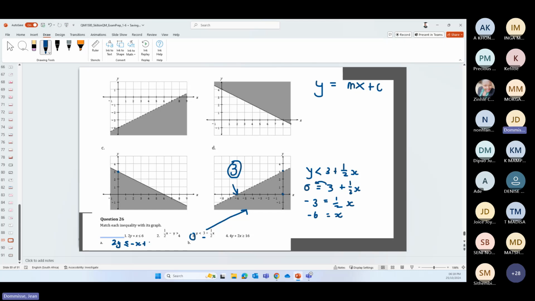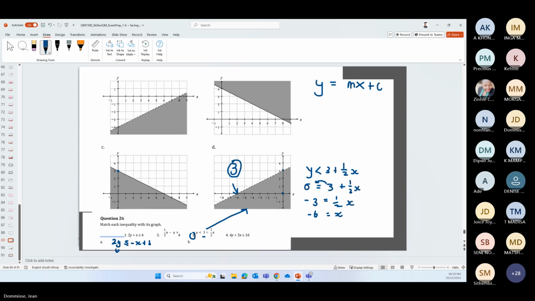That is plus 6. So if I divide everywhere by 2 because I want to get it in the y form, I get y is smaller or equal to minus x plus 3.